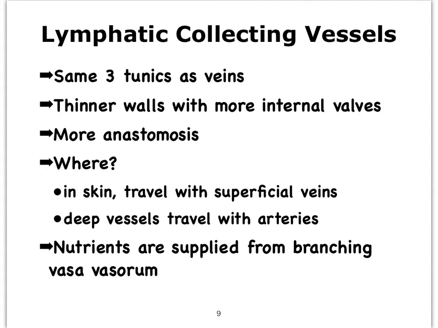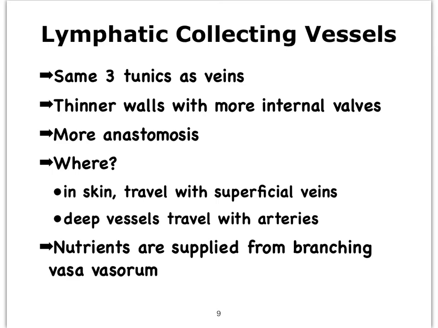We find lymphatic collecting vessels traveling along superficial veins in the skin. And if we take a look at the deeper vessels, then the lymphatic vessels travel along with the arteries. So superficial to the body, we find that lymphatic vessels tend to follow veins, but deeper in the body, they tend to follow arteries.